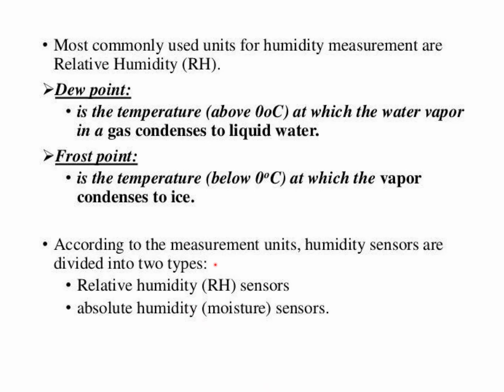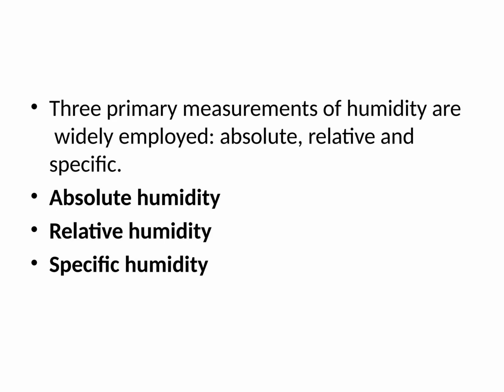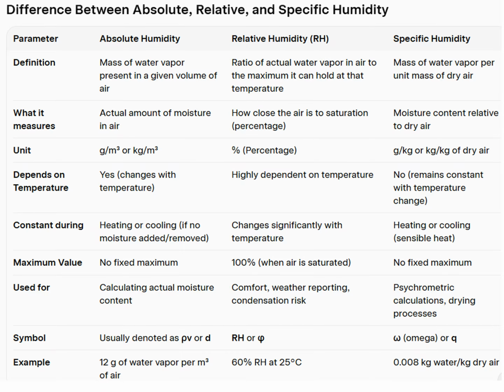According to the measurement units, humidity sensors are divided into two types: relative and absolute humidity. I have already discussed absolute, relative, and specific humidity. These are three important criteria. First of all, we need to learn their basic differences, then we can easily understand.